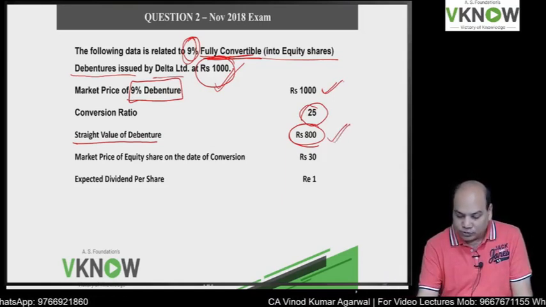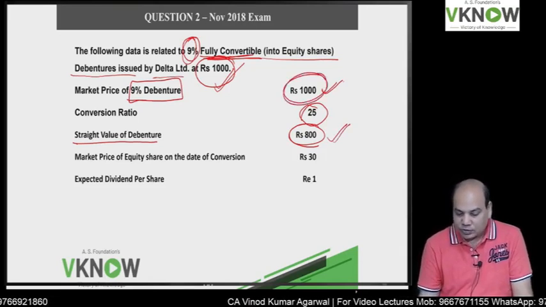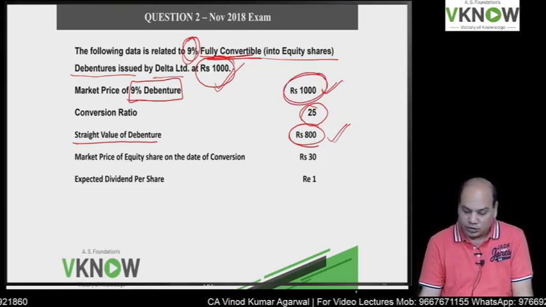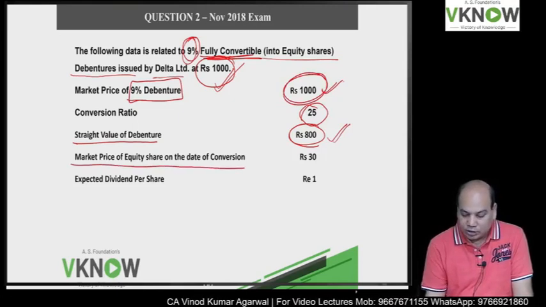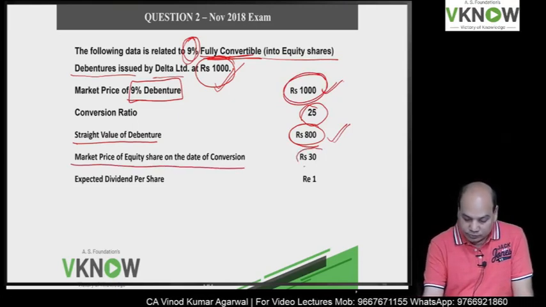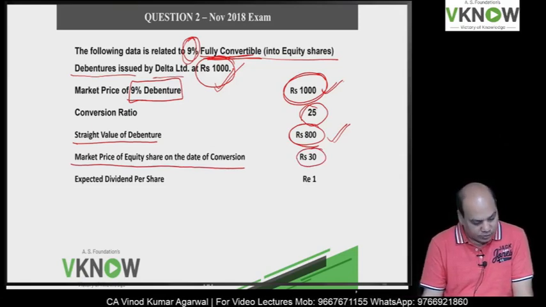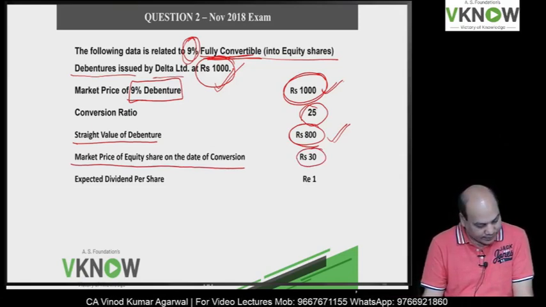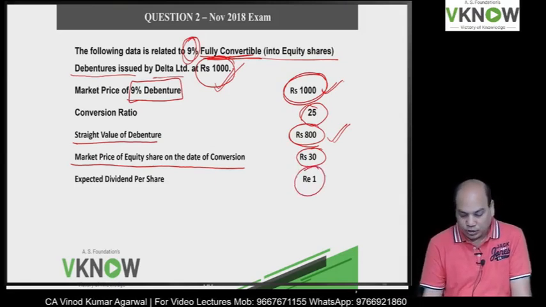In that case the price would be 800, but because it has a conversion feature, the price is actually 1000. Then market price of equity share on the date of conversion, the market price of the equity share is 30 rupees. Then expected dividend per share is rupees 1.